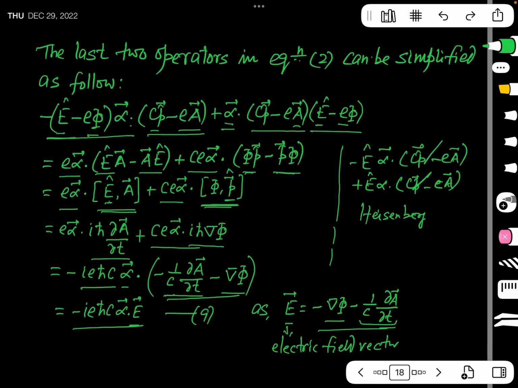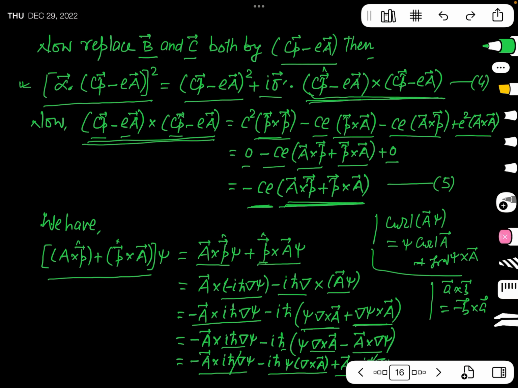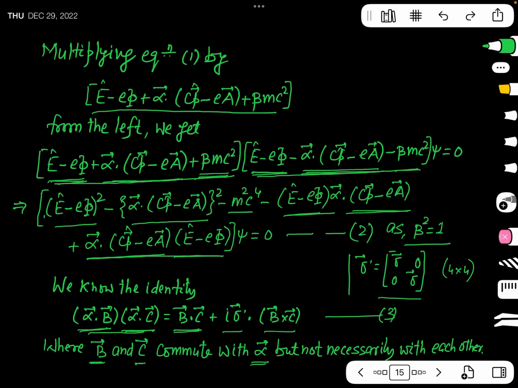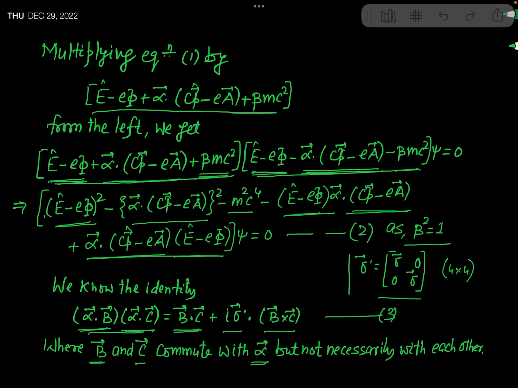You can see in our equation 2 it reads (E minus e phi) square minus (alpha dot (cp minus eA)) square minus m square c^4, minus e phi alpha dot (cp minus eA) plus alpha dot (cp minus eA) times (E minus e phi) psi equal to 0.